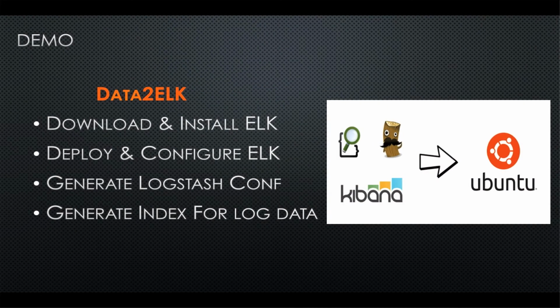It's just very simple. So in this demo, as I've said, we have one Ubuntu VM. On that, we basically download and install the ELK stack, and then we do the deployment part where we set up all these three components as a daemon, and after that we make a configuration as well.